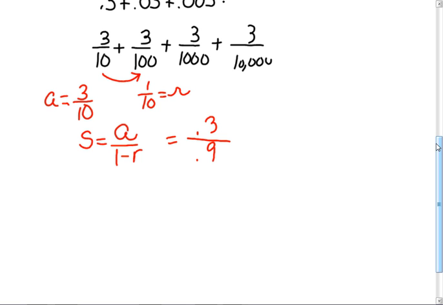And how do you get rid of decimals here? Multiply numerator and denominator by 10 over 10, and that's 3/9 or 1/3. So you can change a repeating decimal into a geometric series. I picked an easy one to start. Let's try the next one.